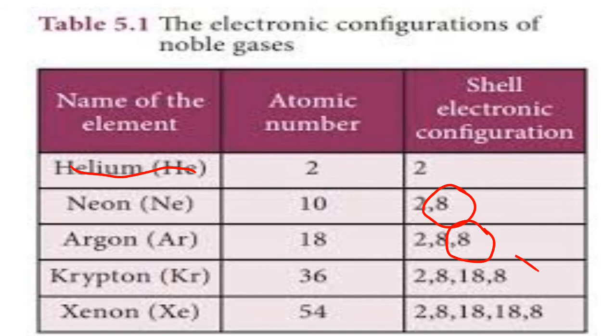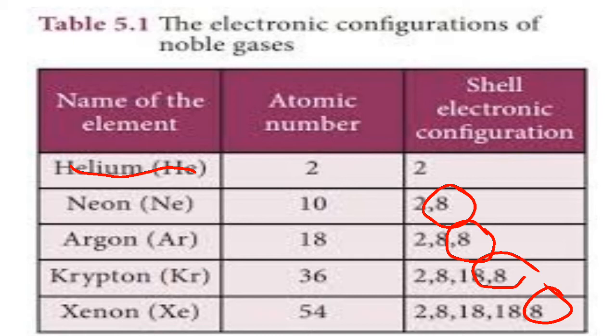So by viewing their electronic configuration, we can predict that the noble gases are stable, they are not reactive, they exist without making bonds.